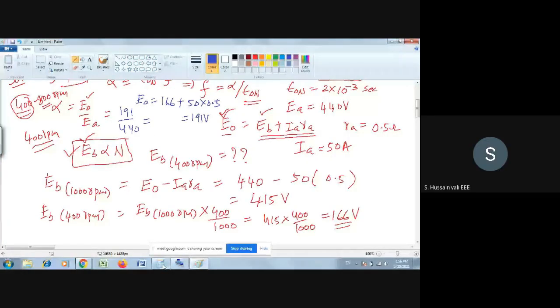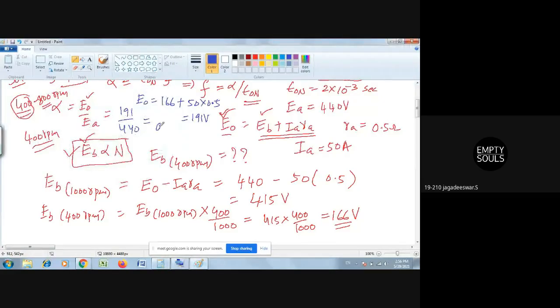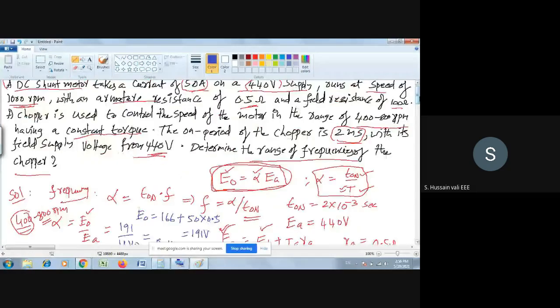Sir, in the case of rated speed, we take E naught equal to EA. Why, sir? See, it is the data of the DC motor. One thing you must understand is that he has already given one particular data of the DC motor.